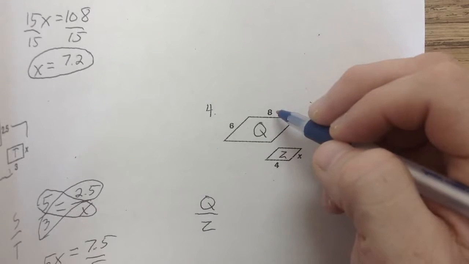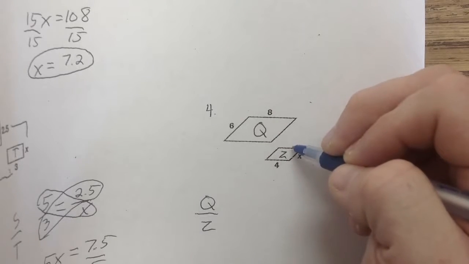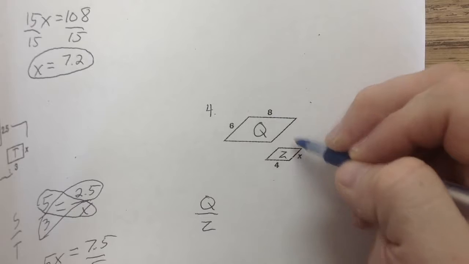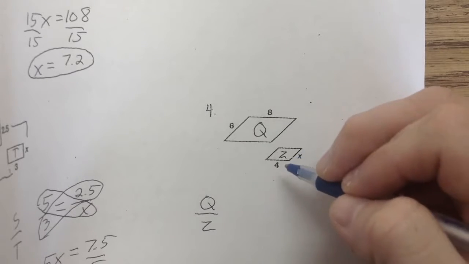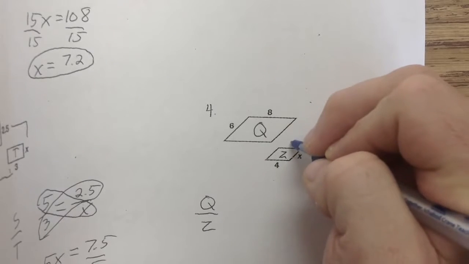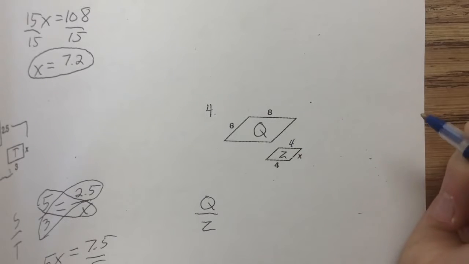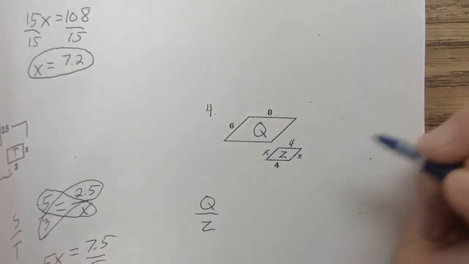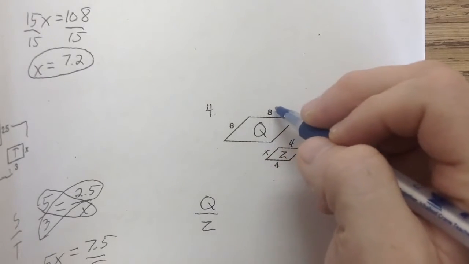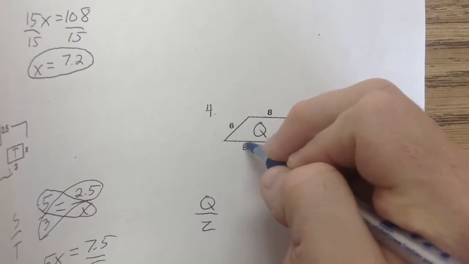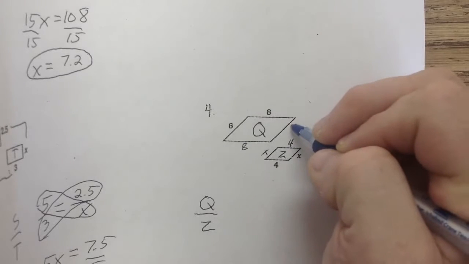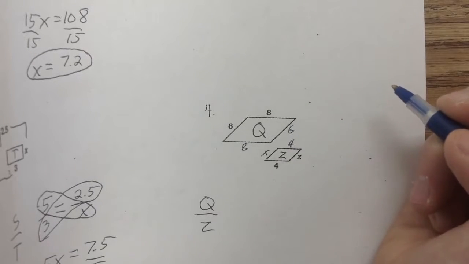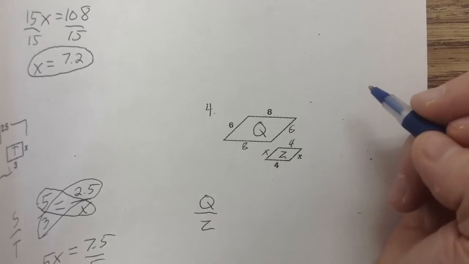Now you might be saying to yourself, the 8 matches up with the top here, but there's no number on the top. What you have to remember is that if this down here is 4, this up here is also 4. If this is x, this is also x. Same thing up here. If this is 8, this is also 8. If this is 6, this is also 6. So now it's much easier to find things that match up.